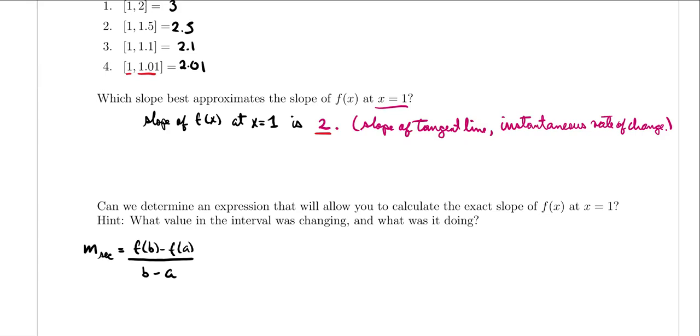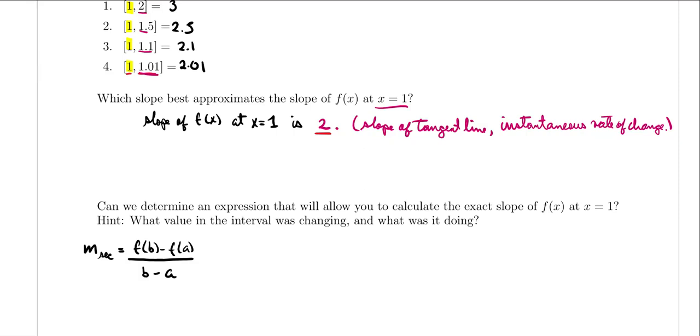When we were using this formula, what value in the intervals was changing? Well, notice that the 1 always remained fixed. So in this case, the a didn't really change, but what was changing was the value for the second one. The right endpoint was the one that was changing, and it seemed to be approaching the value of 1.